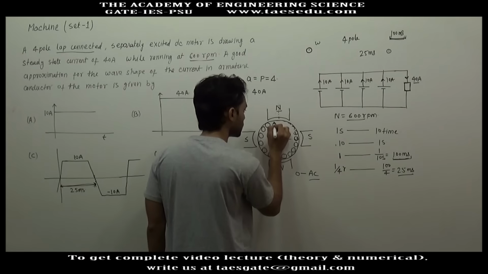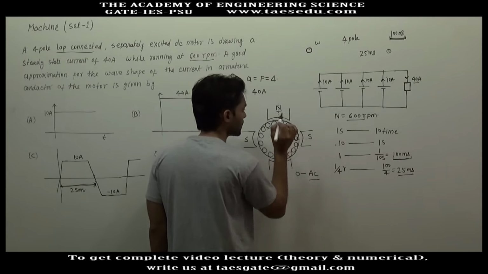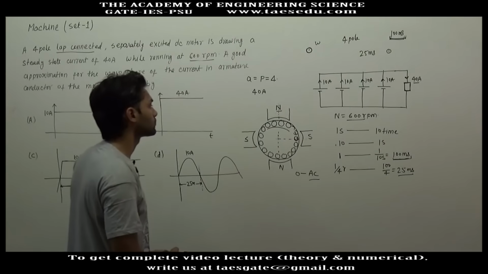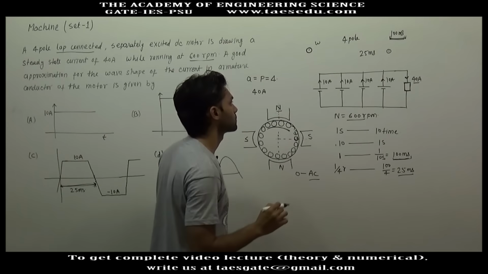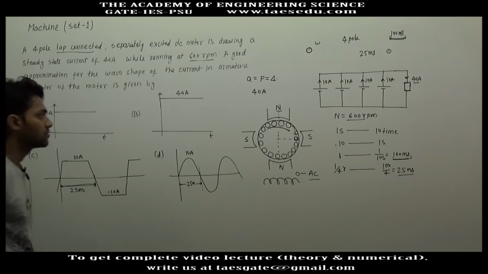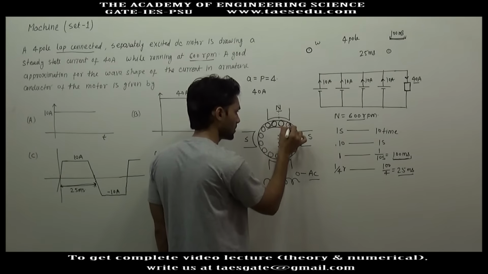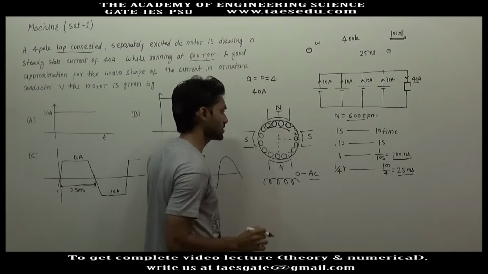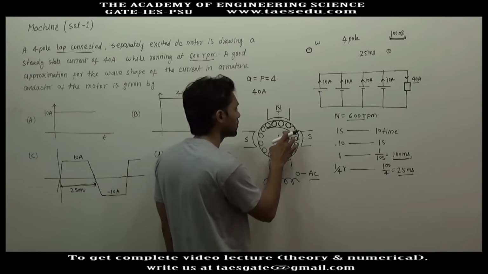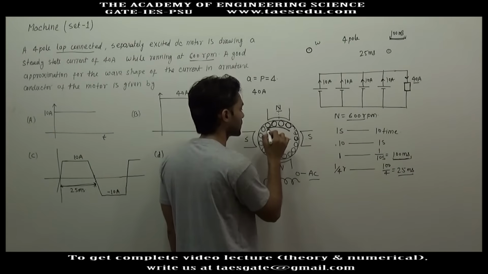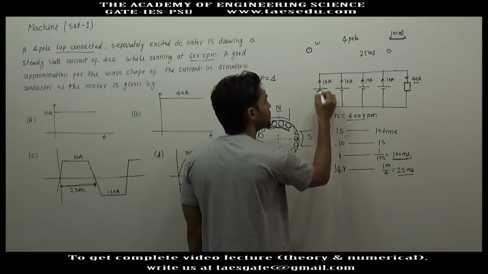So let us consider these 4 conductors, and let's say these 4 conductors are in the influence of this north pole and are connected in series. The voltage generated in each conductor will have different magnitude, but the total voltage will be the arithmetic summation of the voltage generated in the 4 conductors, which will be this voltage V.